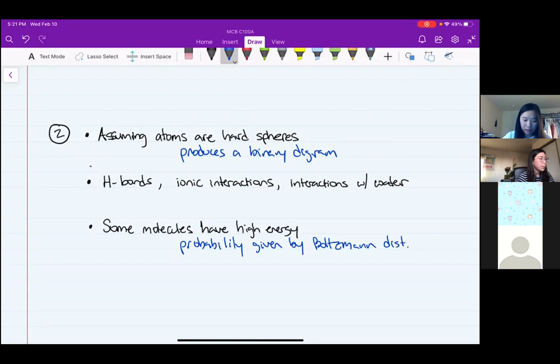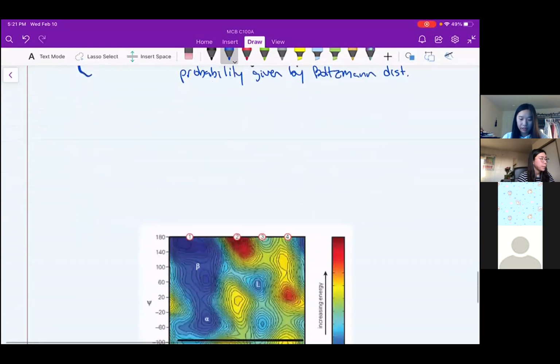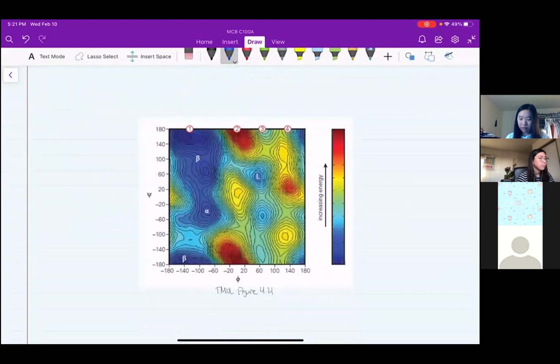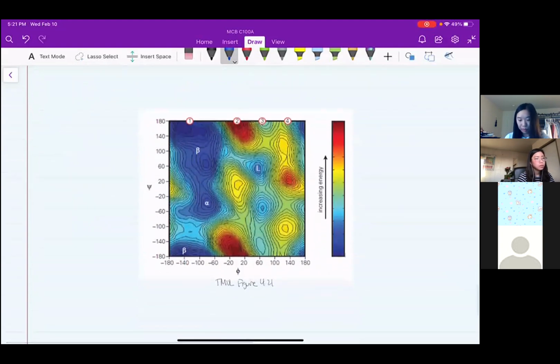If we take these two things into consideration, we can get a diagram that looks more like this. This is a lot more detailed. It's not binary. You still have your alpha region, beta, L. These are low energy, and we have high probability of these conformations. With the higher energy conformations, you'll have low probability.